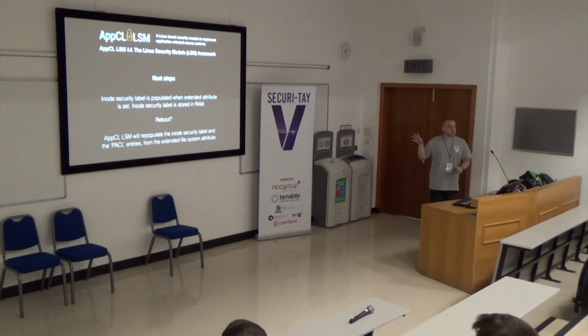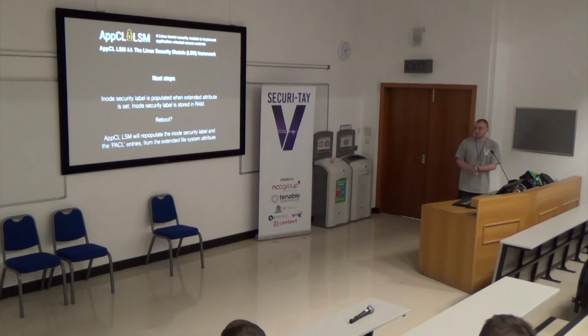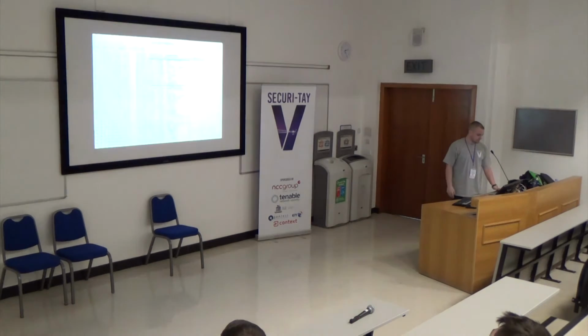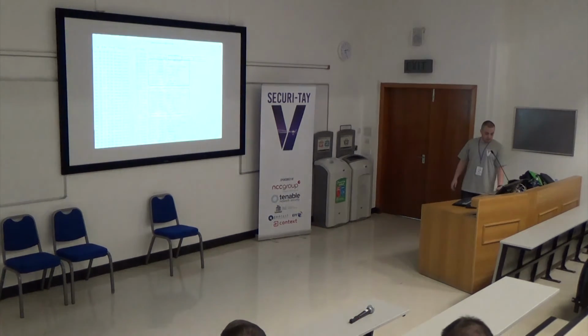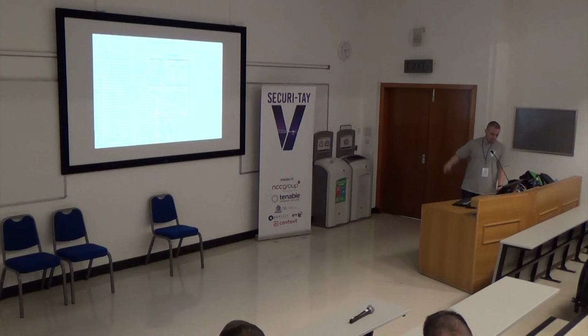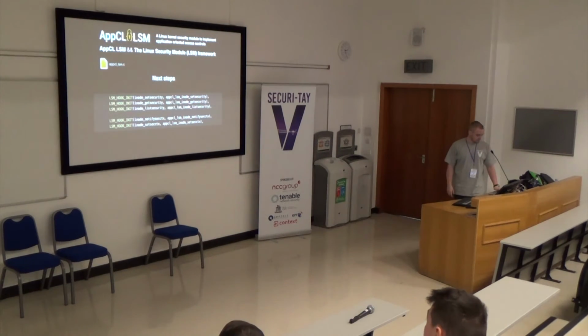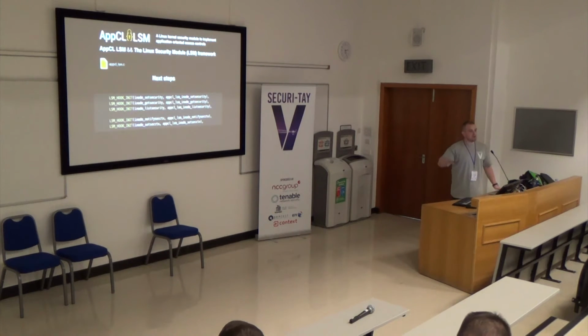So the next thing the module will do is repopulate the Inode security label in the same way it did on the post-setxattr hook, except it will do it when it reboots, based on the value that's stored for it. So again, we can see here the same. I'm not sure why that's in there twice actually. But for the next steps, the way this is going to be done is we've got some more hooks. There's quite a lot of hooks in the LSM framework now.